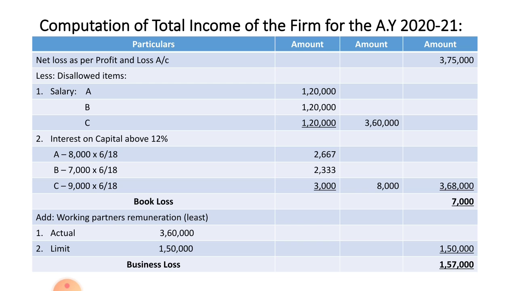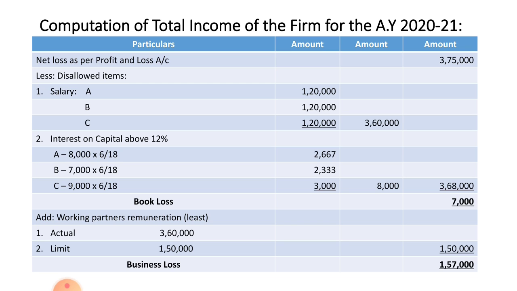First you have to deduct that thing. Next, see, you have to add working partners remuneration, so to balance that difference. Here salary of partners 1,20,000 each, that amounts to rupees 3,60,000. Second one, interest on capital above 12%. Up to 12% is allowed, and above that, that is 6% is disallowed.